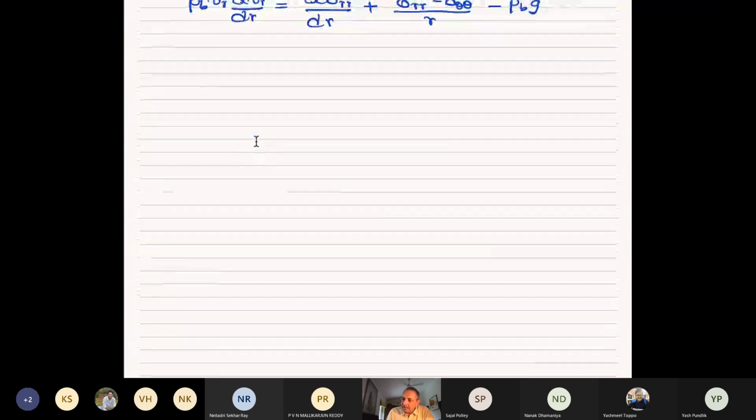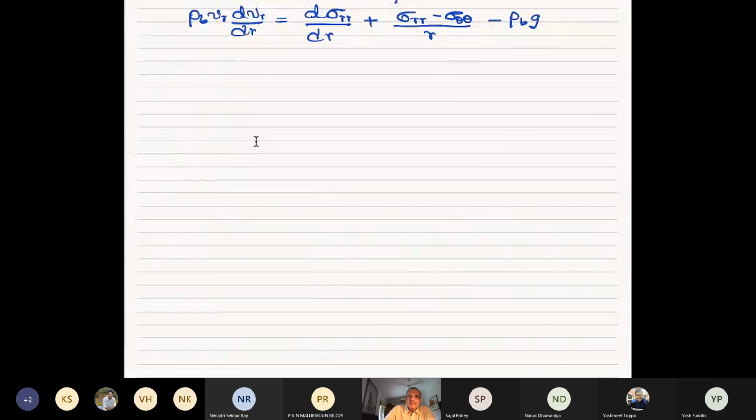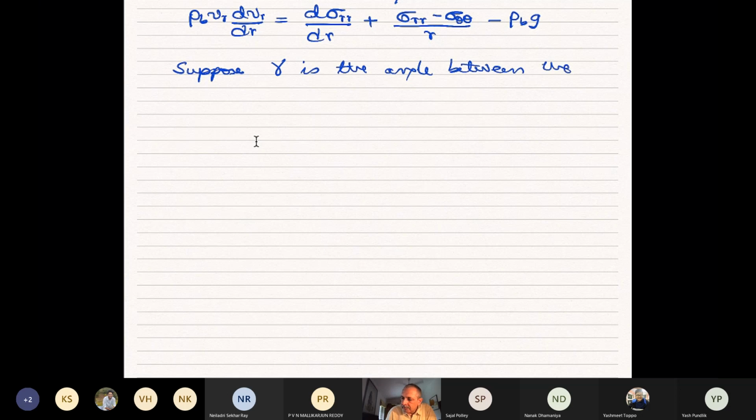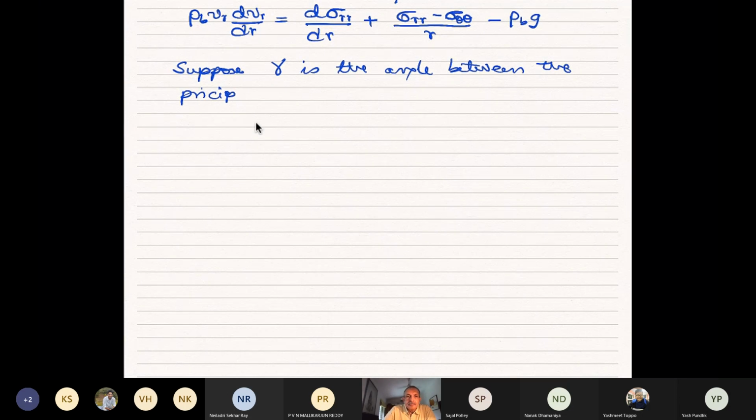Now we would like to write down everything else, like what is the coaxiality condition. So now, supposing, like we had written for sigma, supposing gamma is the angle between the principal axis and E theta.